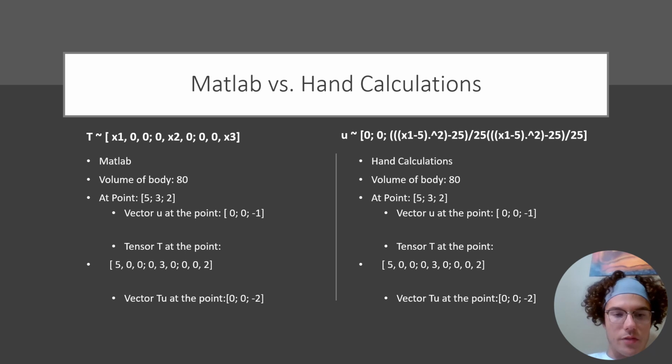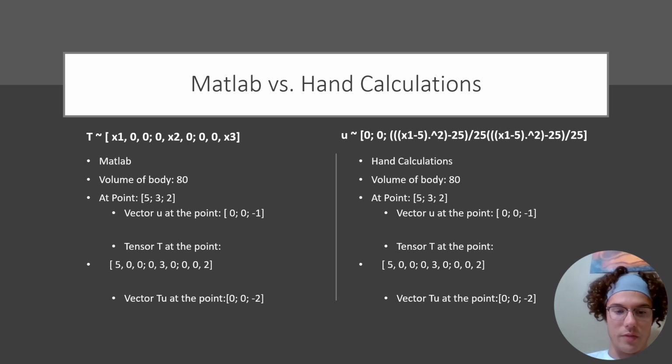Once we have defined our tensor T and our vector field, we began to look at how the tensor would affect our vector field at a given point. So after calculating our total volume, we looked at the point (5, 3, 2), which is the center of our beam at the top of our body part 1, which is our slab. And we got our vector u being (0, 0, -1).